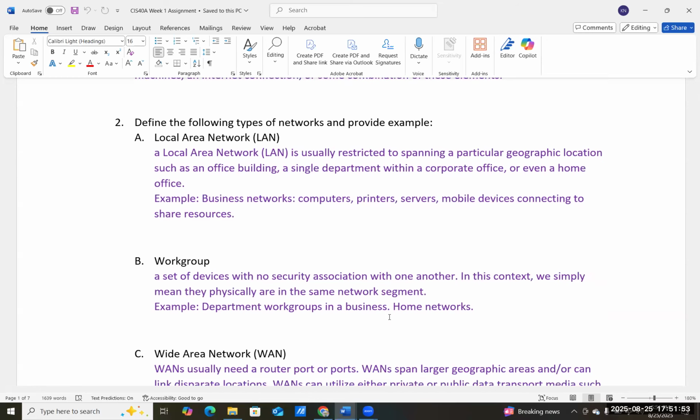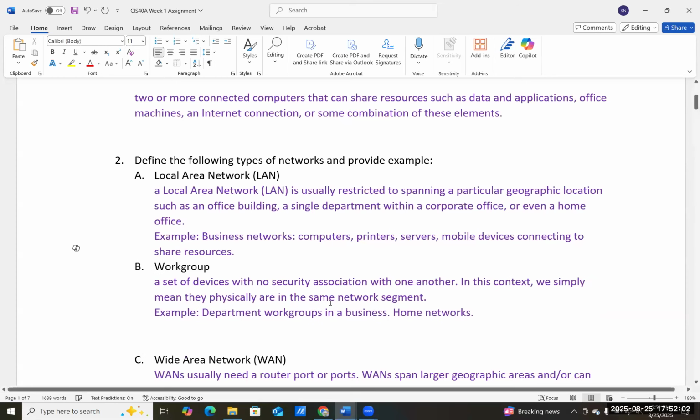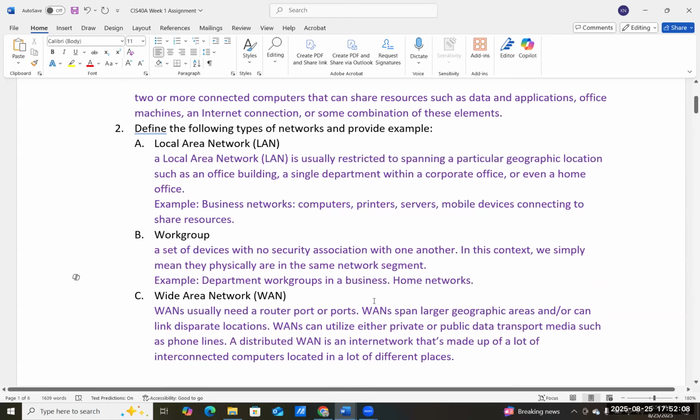Now, earlier, I talked about wide area network, right? A wide area network usually consists of getting past the router, right?